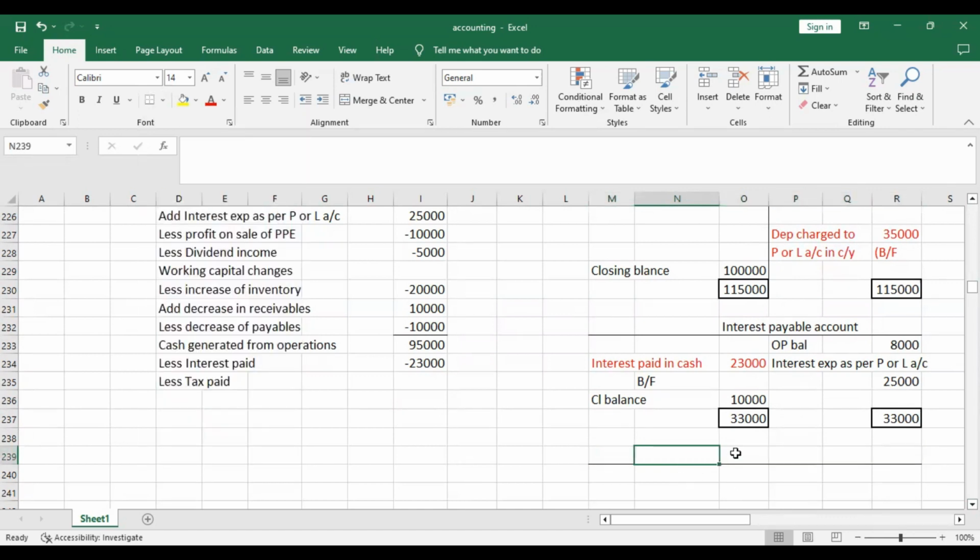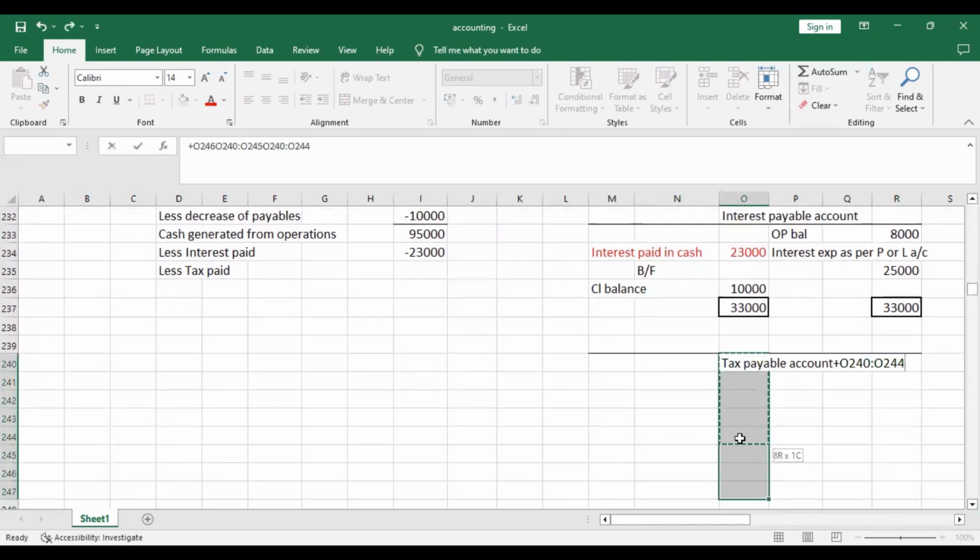So this T account is related to the tax payable account. Since it is a liability account again, the opening balance will be on the credit side.